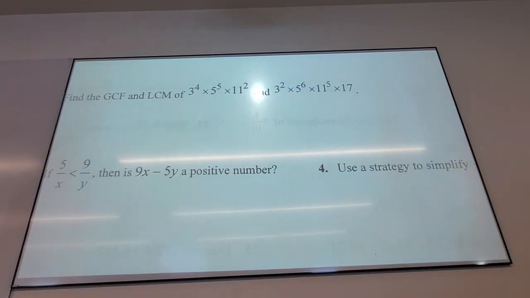Real quick. Why can I divide every even number by 2? Why can I divide 21 by 7? Because 7 goes into 21. 21 has a factor 7 in it, yes?